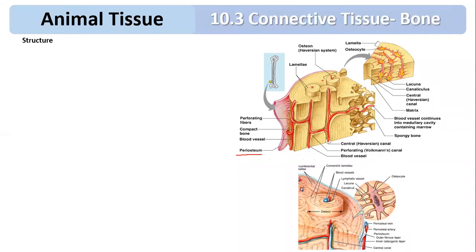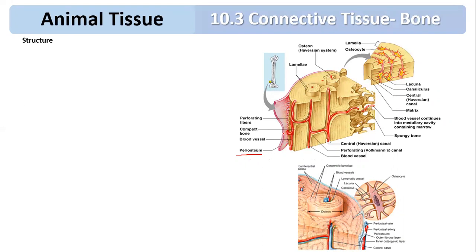The matrix within a bone is hard, solid, calcified matrix called ossein, and the hardness is because of deposition of mineral salt called hydroxyapatite, which is a derivative of calcium phosphate.